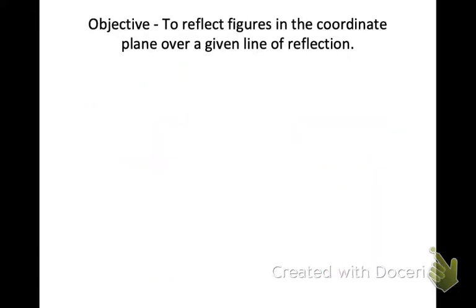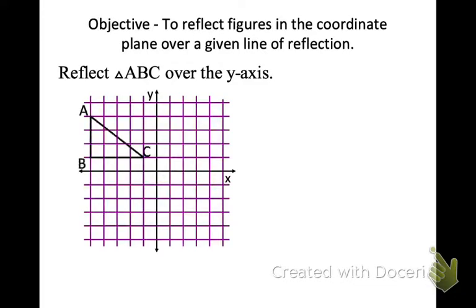All right, so then the last, no, we're still on reflections. What it looks like on the coordinate plane is something like this. Now notice what I'm doing here, look at C. Notice C is 1 unit to the left of this. I'm going to go 1 unit this way.